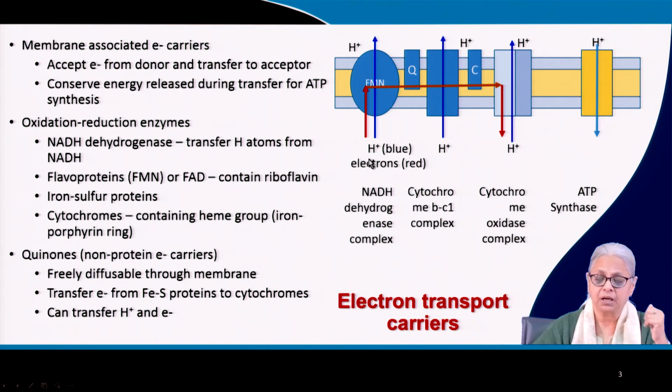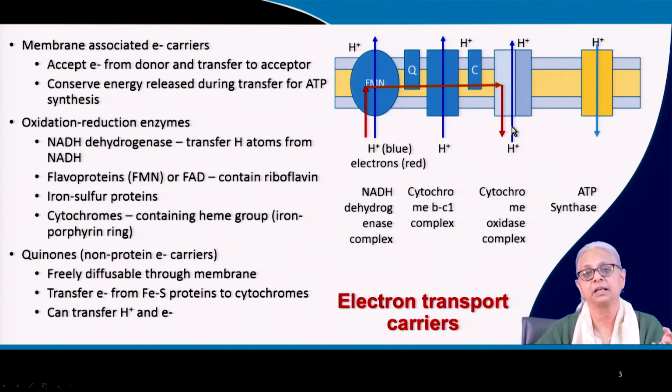These protons are going to be transferred along with electrons. So the red line represents electrons and the blue line represents protons. So these electrons are not going to be pumped out. Instead, they're going to be passed from one complex to another through the plasma membrane, through these complexes which are associated with the plasma membrane, and eventually these electrons will be transferred at this end point to our terminal electron acceptor.